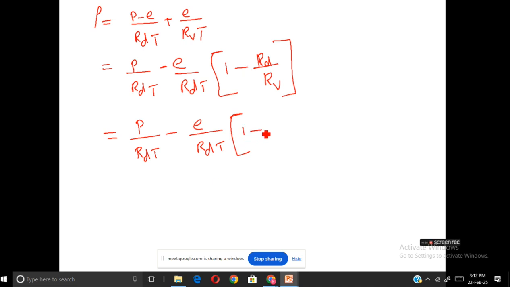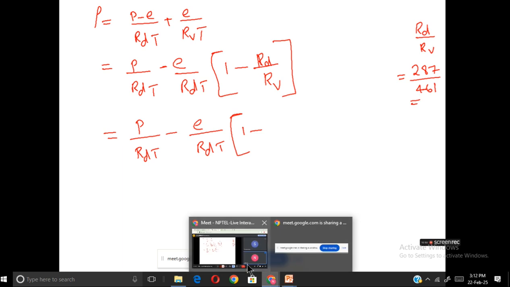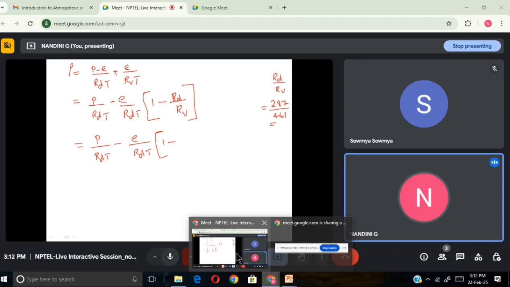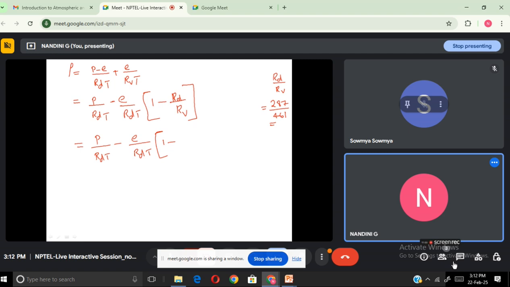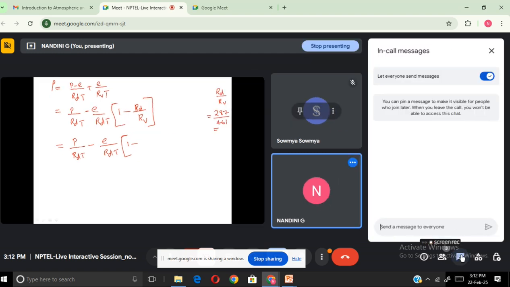It will be 1 minus Rd by Rv. We know the value of Rd and we know the value of Rv, so we can calculate Rd by Rv. Rd is 287, whereas Rv is 461. What will be the value of Rd by Rv? 287 by 461, how much will it be?